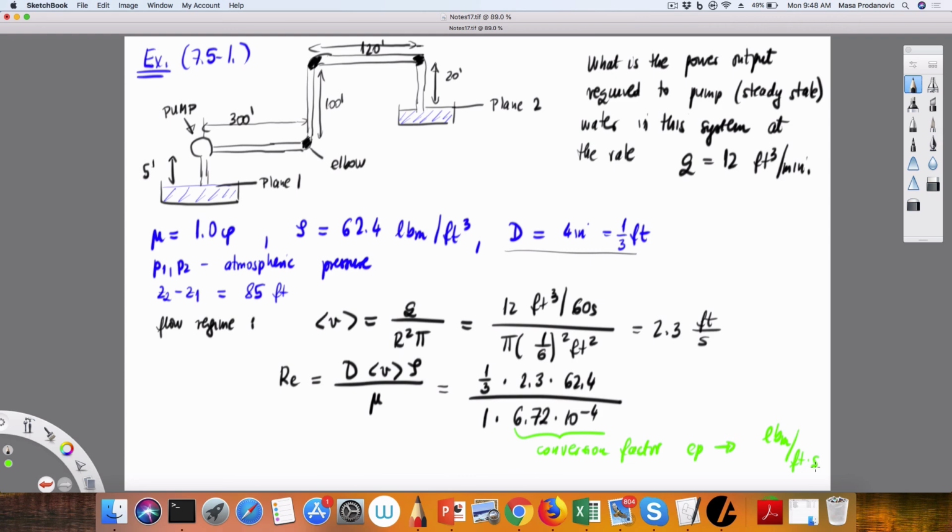And believe it or not, all of those tables are in BSL. Well, this is something over 10 to the 4, so it's turbulent.